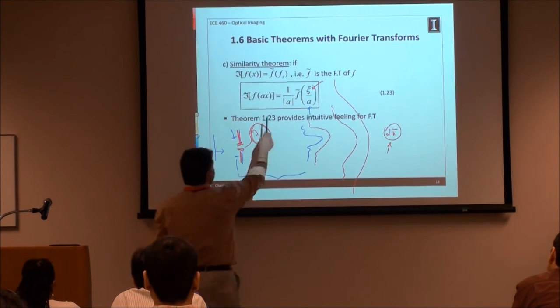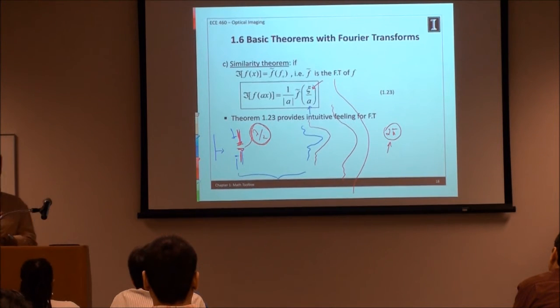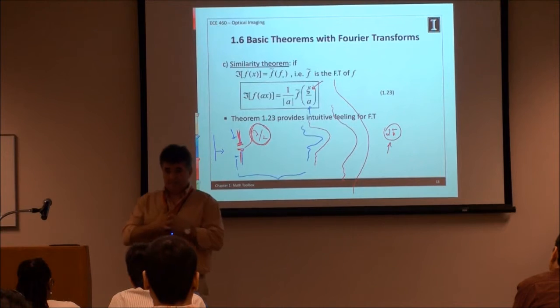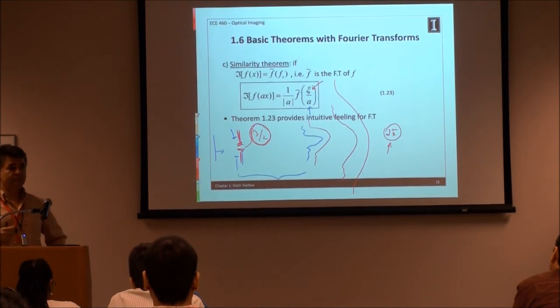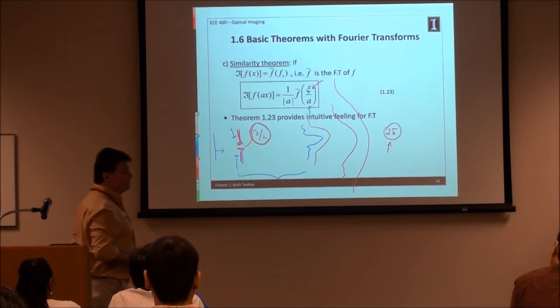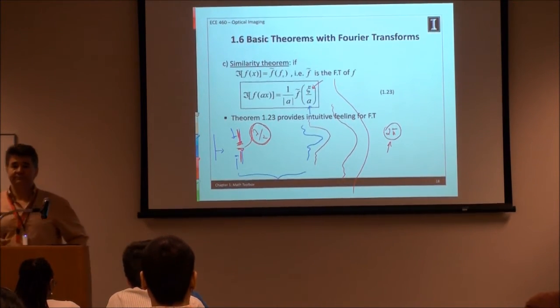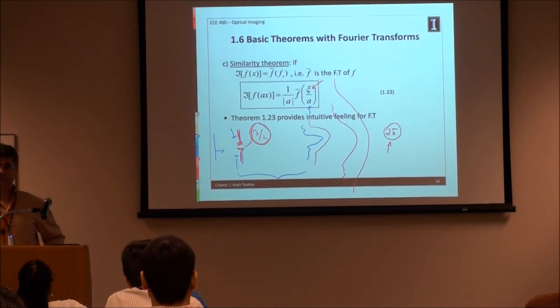Okay, so do you have an understanding for this? What is this in the temporal domain? What would that mean? Can you give me an example in the time domain of this similarity theorem? Go on.